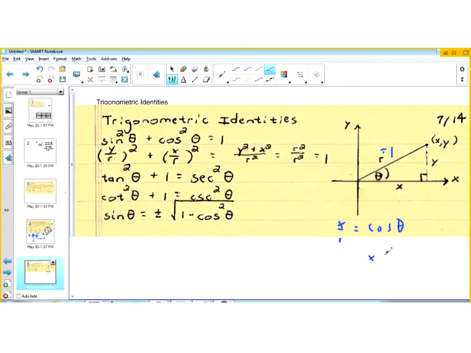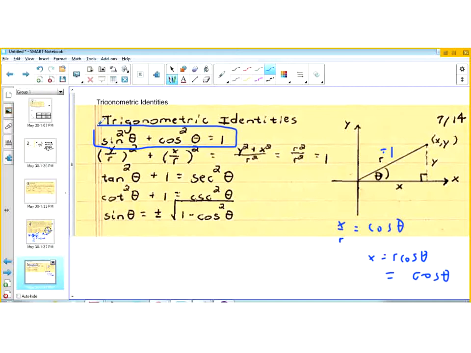If we take r to be 1, x is just equal to r cosine theta, which is cosine theta. The same goes for y: y is equal to sine theta. So substituting sine theta for y and cosine theta for x, we have this Pythagorean identity: cosine squared theta plus sine squared theta is equal to 1.